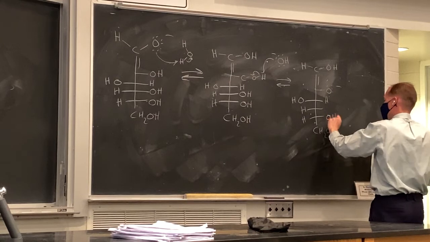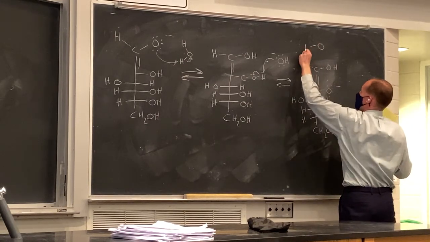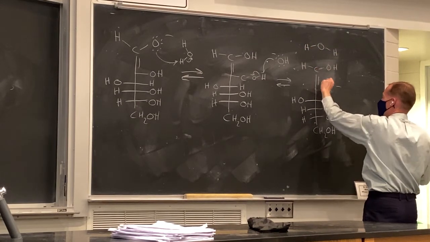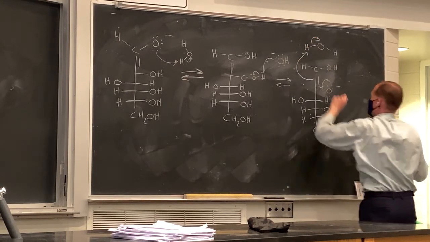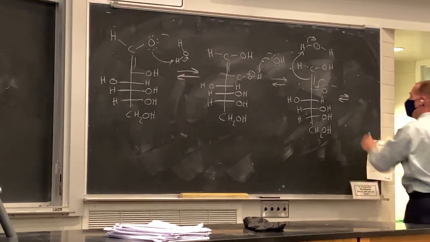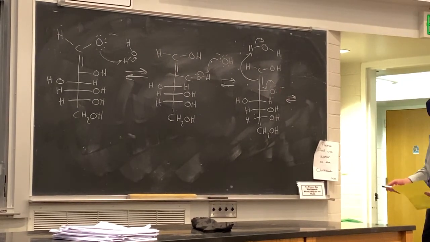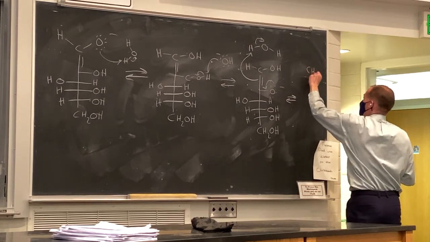Okay. Now that we have this new enolate, we can protonate that with water on carbon 1. If we protonate that enolate on carbon 1, we now end up with a carbonyl at carbon 2 and a primary alcohol at carbon 1.